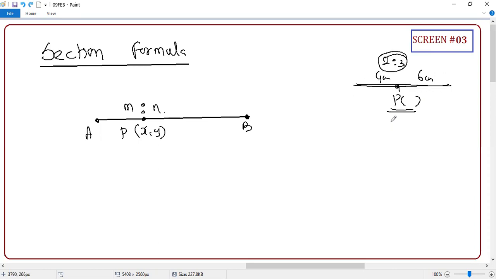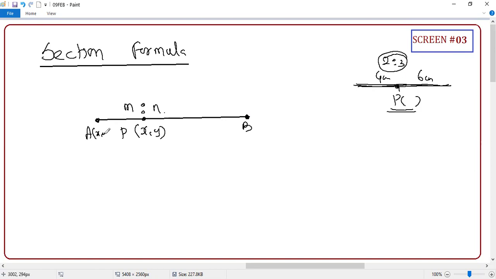So if I ask this question, you can easily answer because we know very well a straight line has only one coordinate, right? Because it is 1D. See the introduction, everything was explained clearly. But the moment it comes to 2 dimensions, it's going to have 2 points, so it is a bit challenging work. So we need a formula.